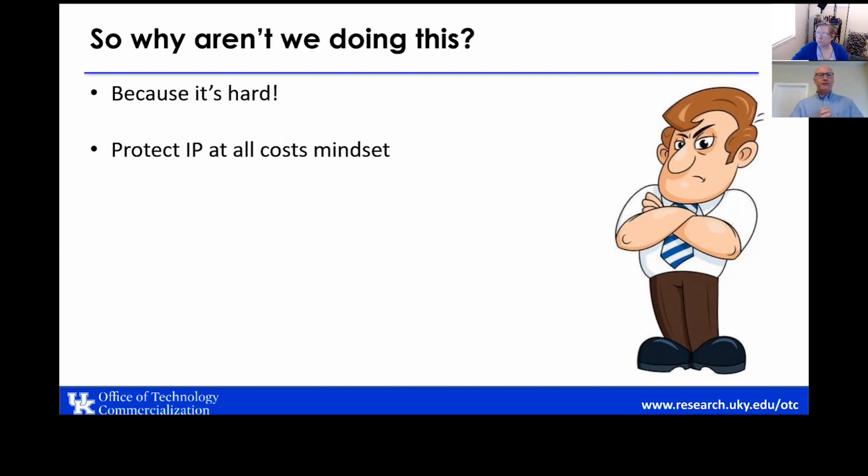Another reason, and I see this a lot with all kinds of entrepreneurs and all kinds of startups, is that there's this mentality that we want to protect our IP at all costs. So we want to keep it very tightly held. We want to keep this as a secret until we're ready to tell the world. We want to make sure nobody knows what we're doing.